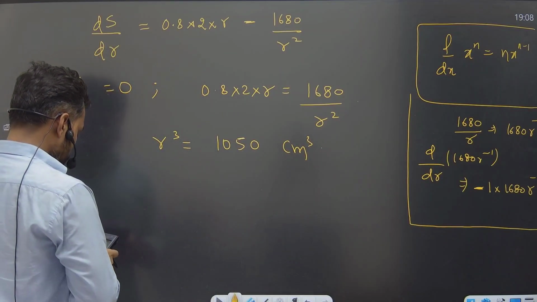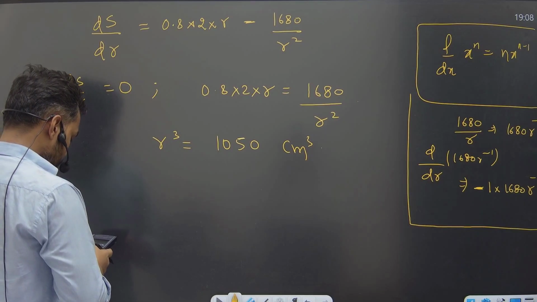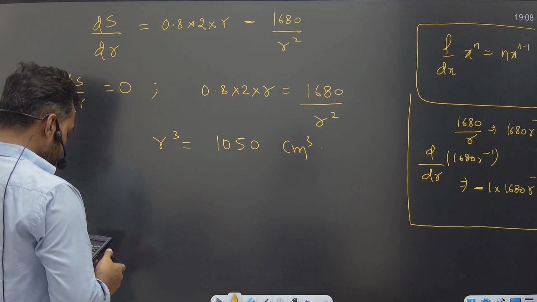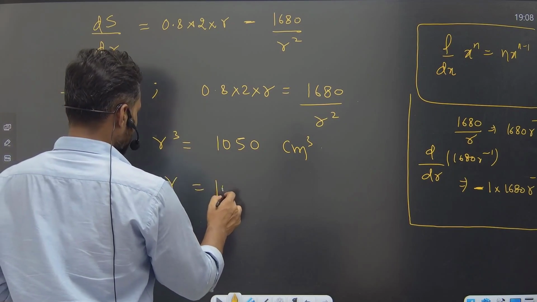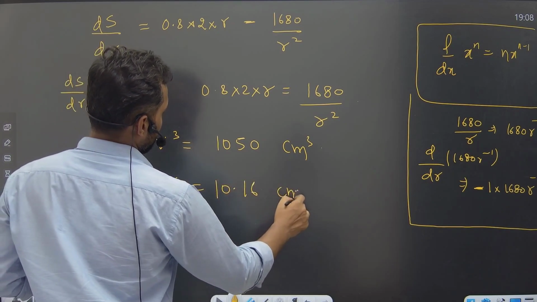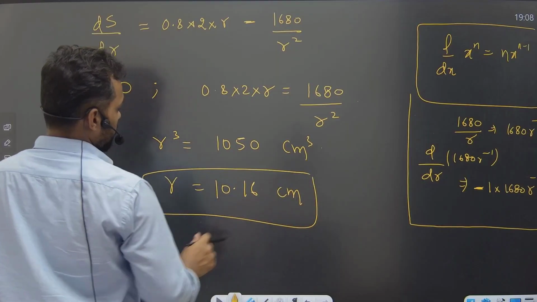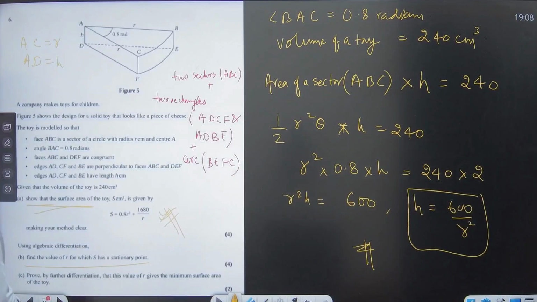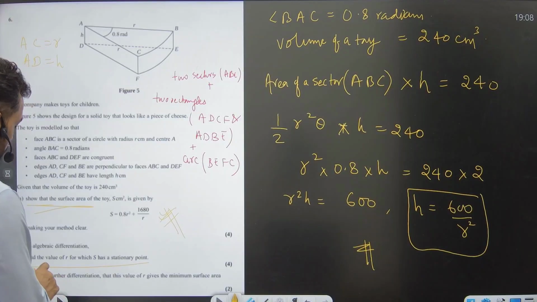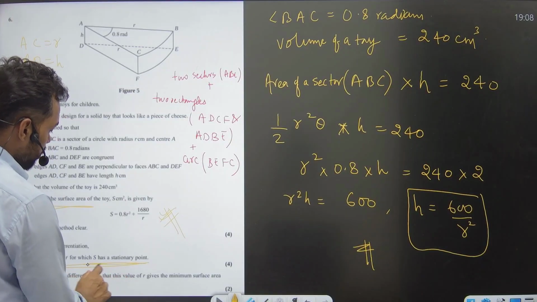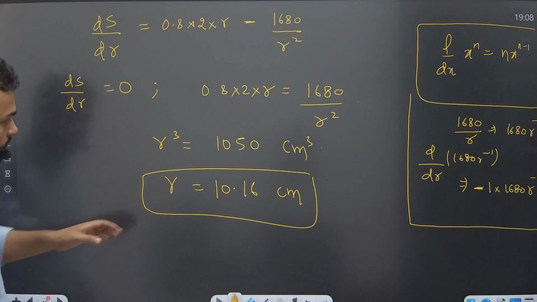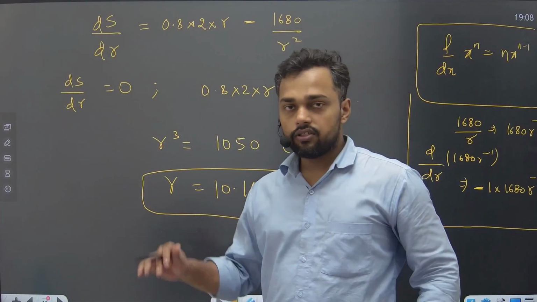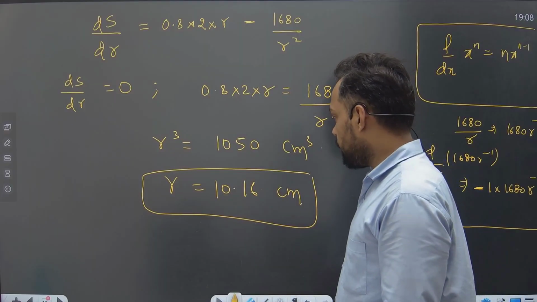Taking the cube root of this, we get nearly 10.16 centimeter. This is the stationary radius, 10.16, which they have asked in the question: find the value of r for which S has a stationary point. So this will be the stationary value of r for which the function has the stationary point.